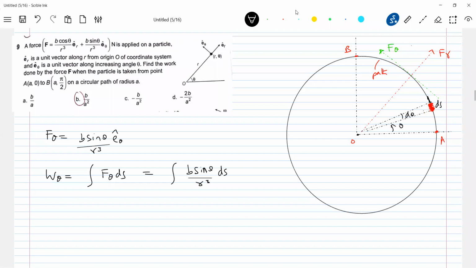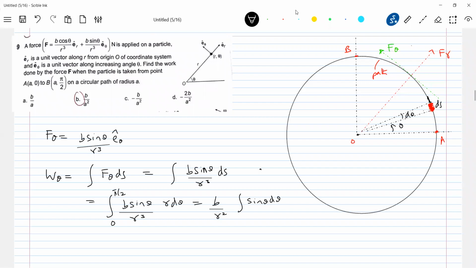So b sine theta, ds equals r d theta. Now what should be the limit when I move from A to B? Theta will vary from 0 to pi by 2, no? So here I'll put suitable limits. So b r square, integral of sine theta d theta.